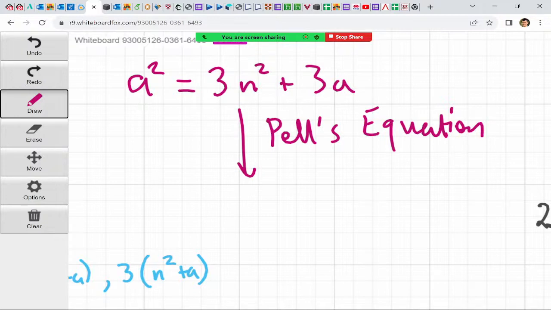Oh wait, so you got the Pell's equation? I think I got something that you can solve using Pell. This automatically is even, so that means two.